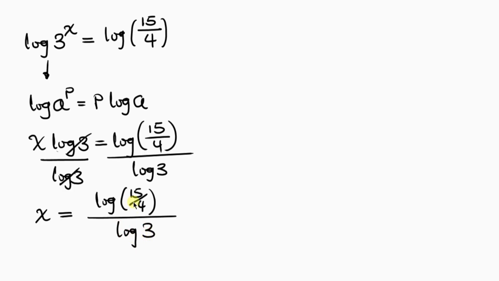Now our next step will be for us to apply the law of logarithm on the numerator. The law of logarithm that says when I have the log of m all over n, just as what we have here, this can be expressed as the log of m minus the log of n.